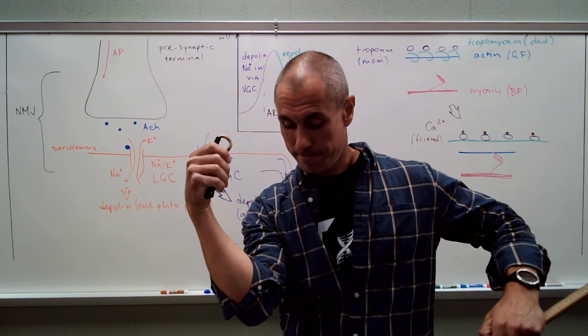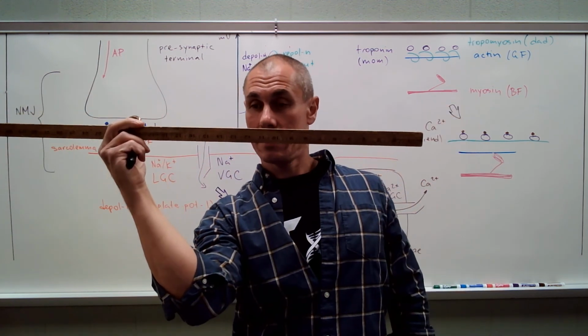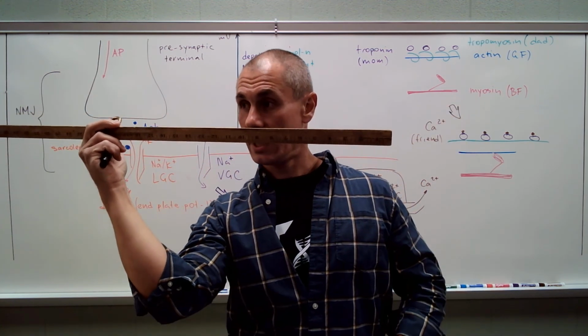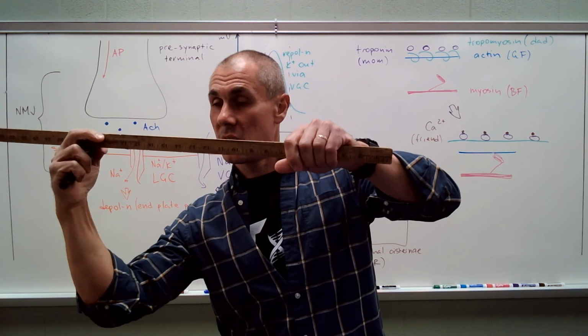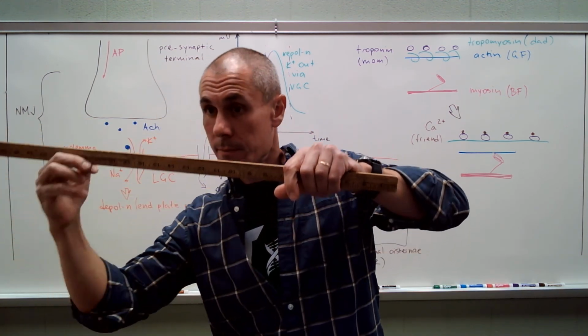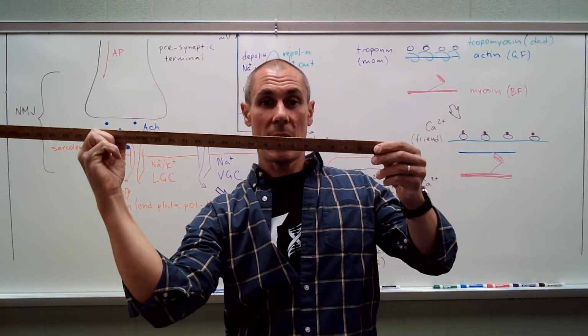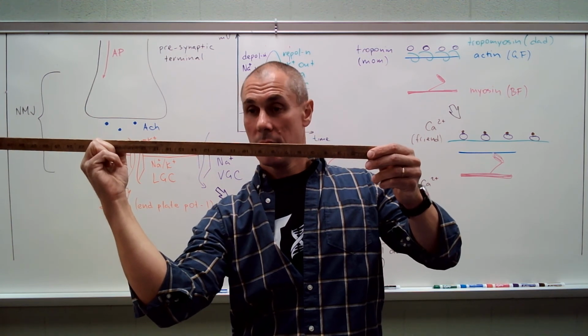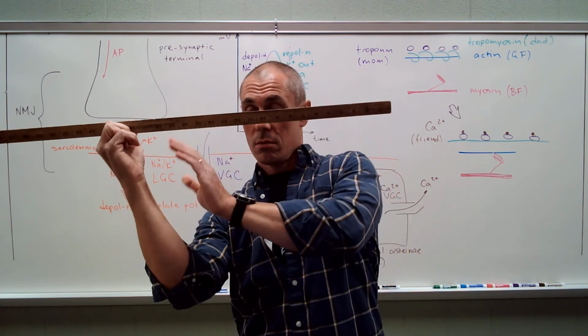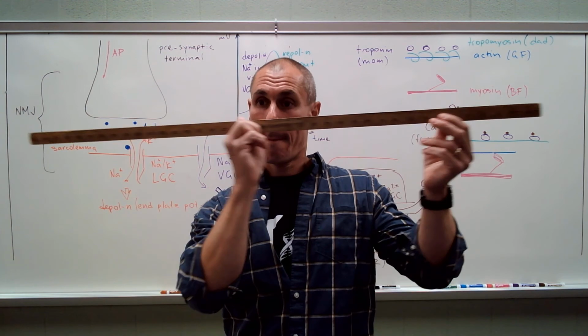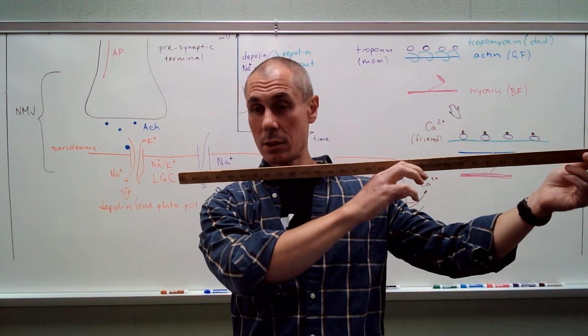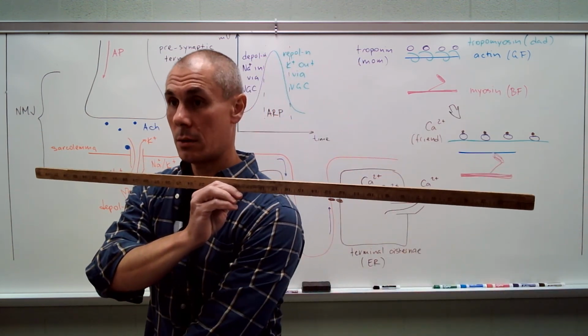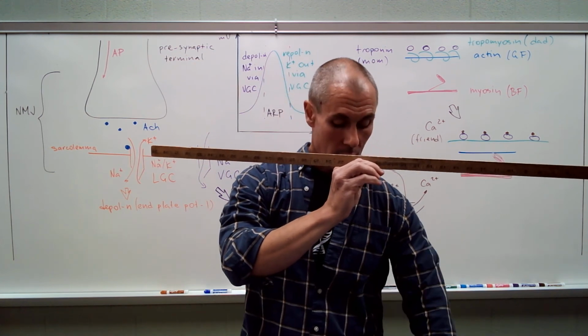The head binds to actin. See that? And releases the ADP and phosphate. When ADP and phosphate are released, the head of the myosin propels actin towards the M line. So far, so good?